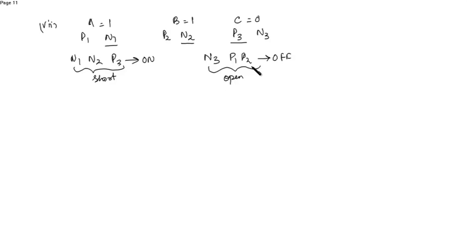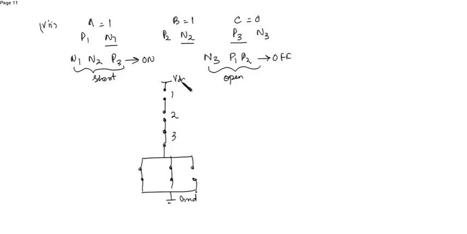So now P1 and P2, if they're off, then this is open circuited, and P3 is on, then short. This is 1, this is 2, this is 3. N1 is on, N2 is on, N3 is open. This is ground, this is VDD, this is the output Z. So here there is a blocking, this blocks the high voltage.